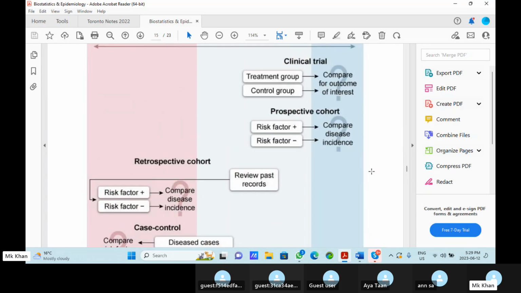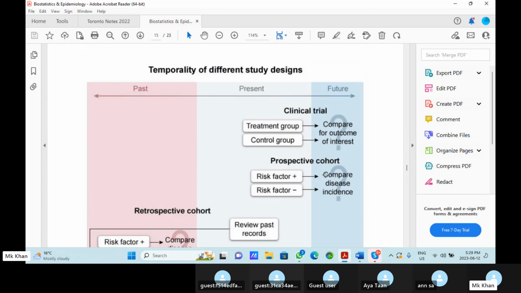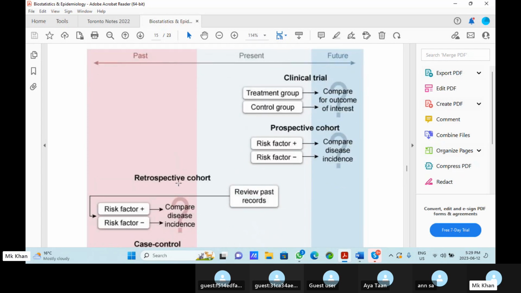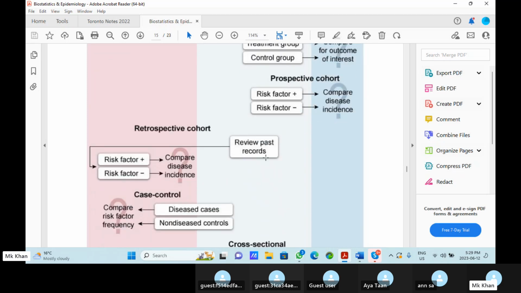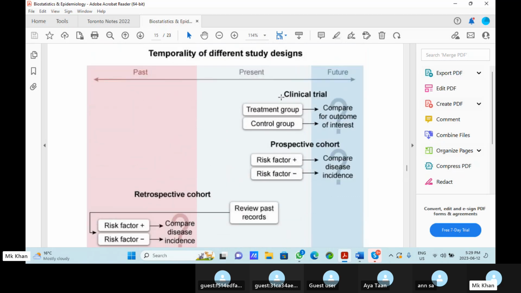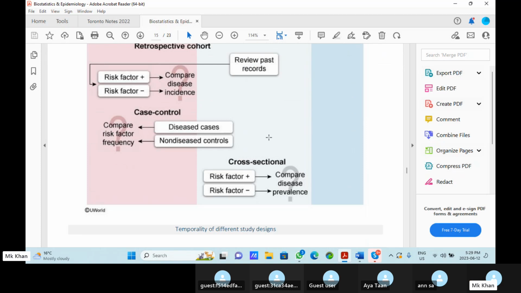So these are the main ones, and this is present, future and past. We will check which studies go to the past, which go to the future, and which one we are doing in the present. This cross-sectional one is just in the present, because we are doing it at just one time.